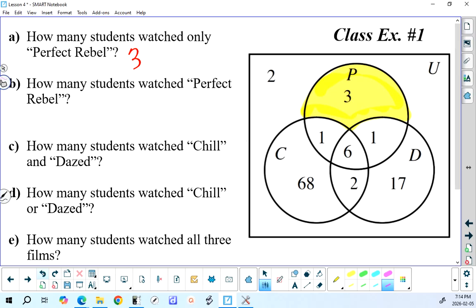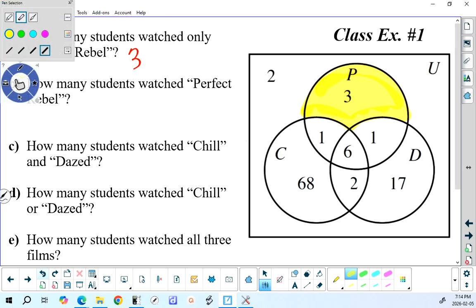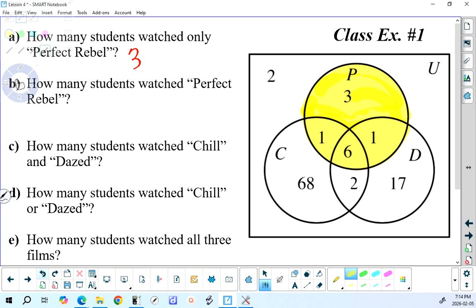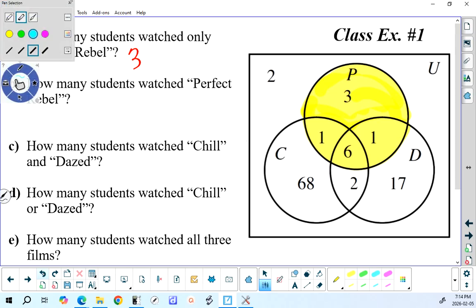How many students watched Perfect Rebel? Well, now what we're talking about is anything inside of set P. So anything inside of this entire set, which is P, represents individuals who watched Perfect Rebel. So what do we have for that? Well, we have these 3 that happen to watch only Perfect Rebel.